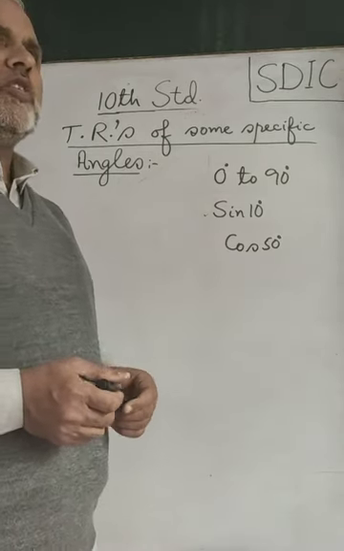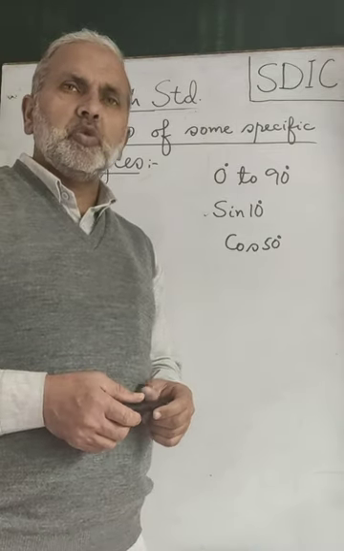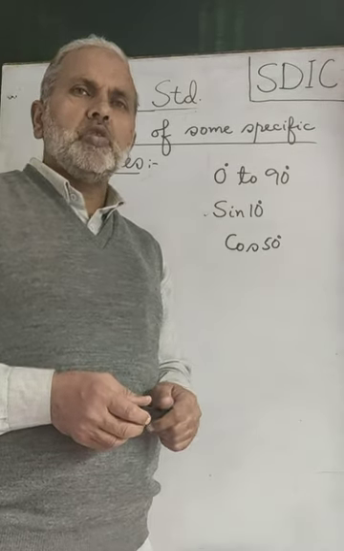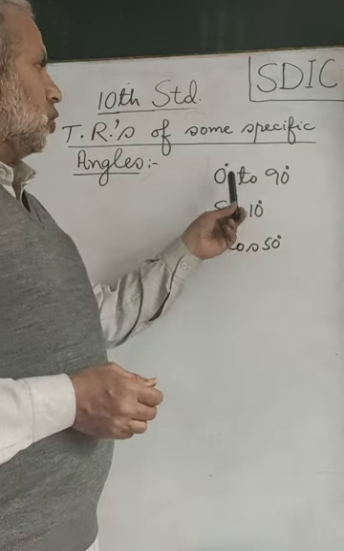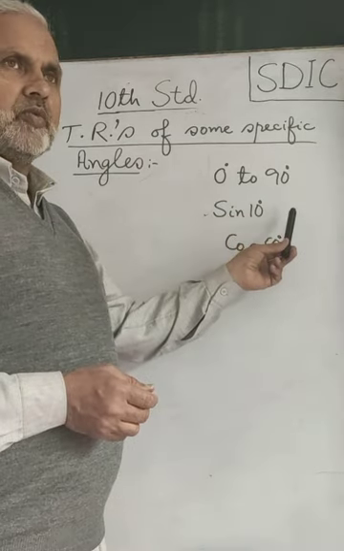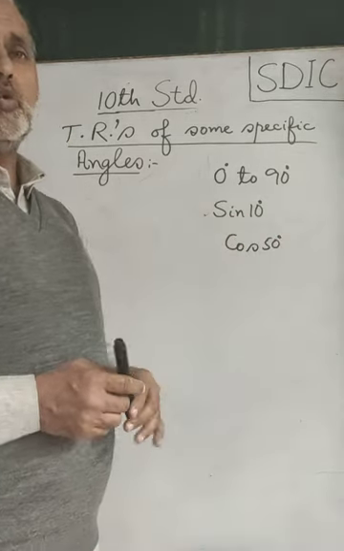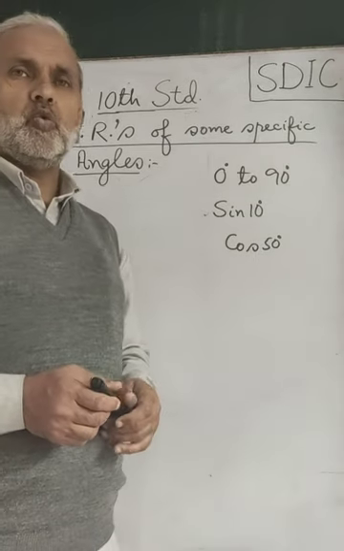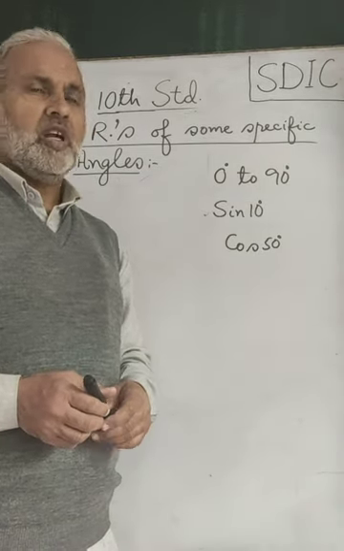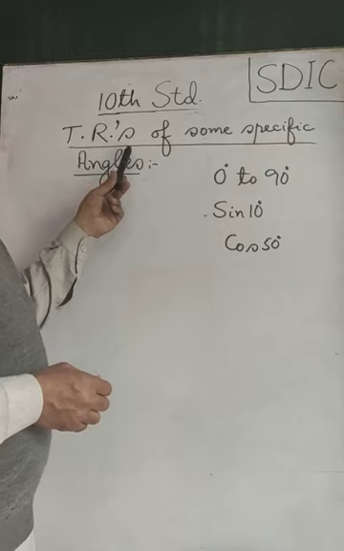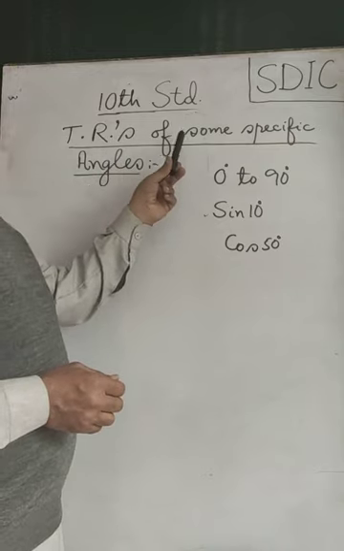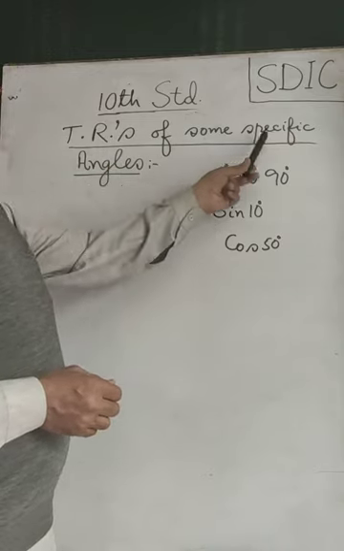Now at this level, you are not supposed to use all those acute angles. You have to use only three acute angles. That is why the title of the topic here is trigonometric ratios of some specific angles.